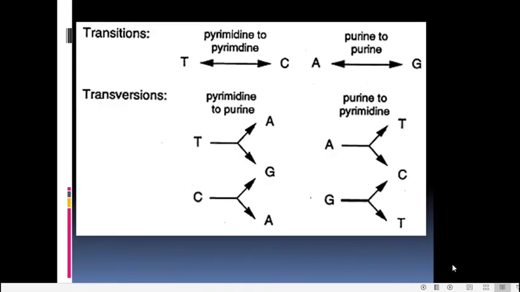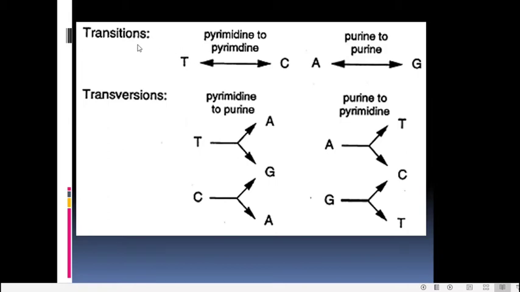The substitution mutation is again of two types, that is transition and transversion. Transition is a point mutation where a pyrimidine is replaced by another pyrimidine, or a purine is replaced by another purine. For example, if T has been replaced by C, or C is replaced by T, or A is replaced by G, or G replaced by A, because A and G are purines and T and C are pyrimidines.